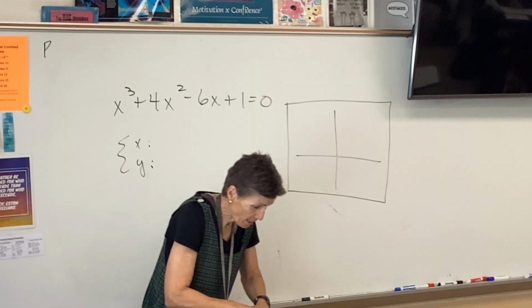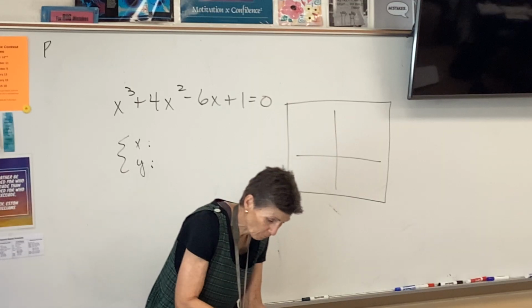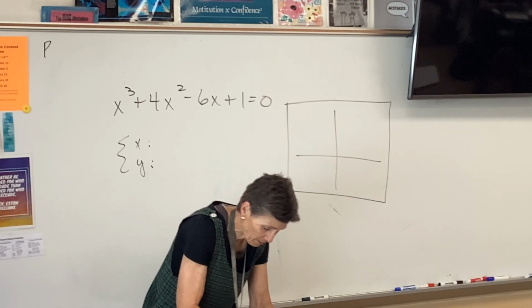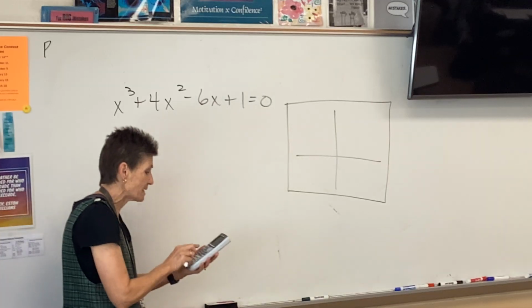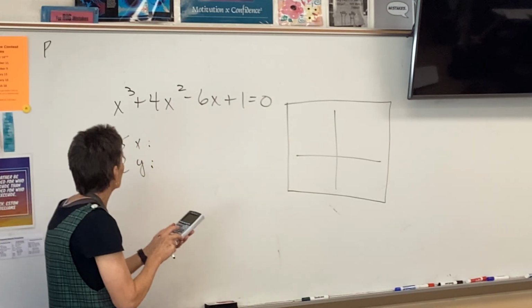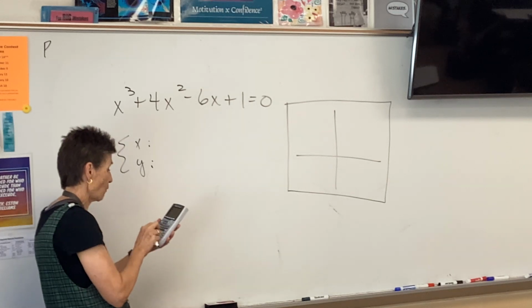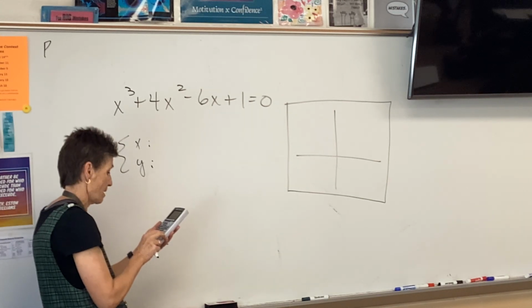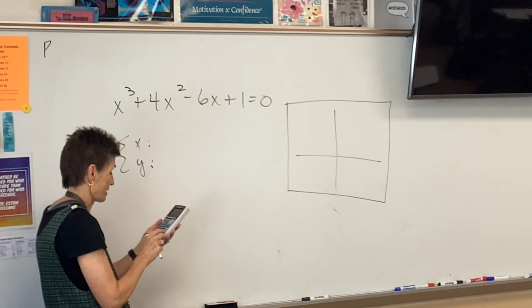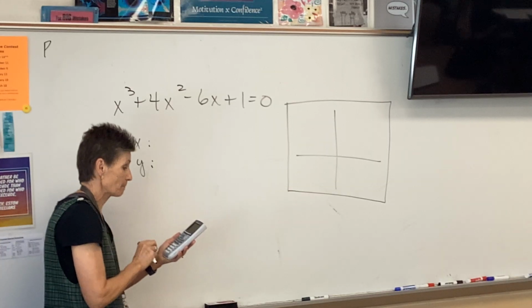So, let's go ahead. It says solve graphically, so we're going to type it in our calculator. We'll go to y equals x cubed plus 4x squared minus 6x plus 1.